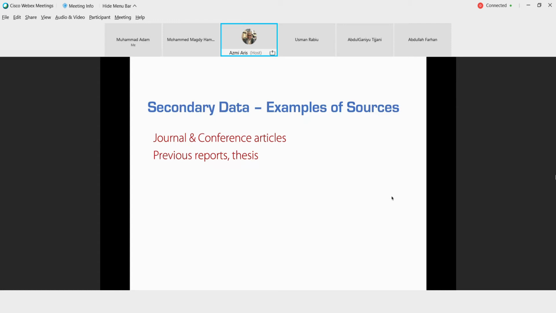That is why when you write your thesis, it is very important that your procedure, your methodology, has to be very detailed so that other new researchers who want to do the same work can refer to your work as their reference. So this is the important source of secondary data if your work relies a lot on primary data.